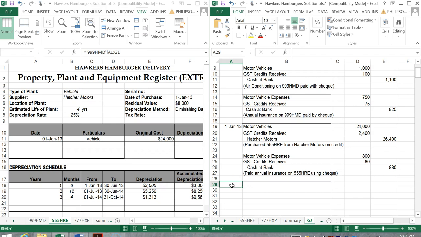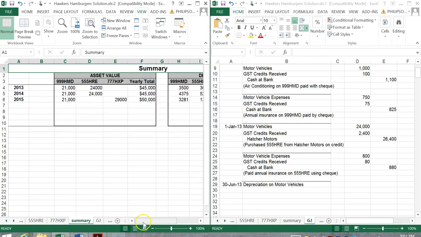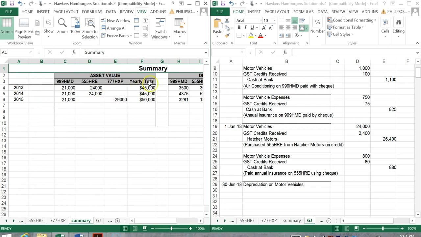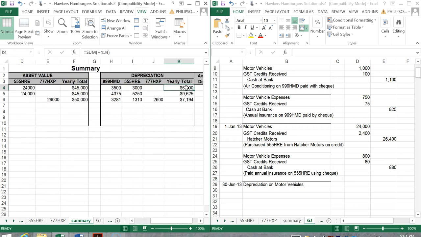Next transaction is depreciation on the 30th of June 2013, so 30 June 13, depreciation on motor vehicles. We'll go to our summary, and so our depreciation as at 30th of June 2013 is 6,500.